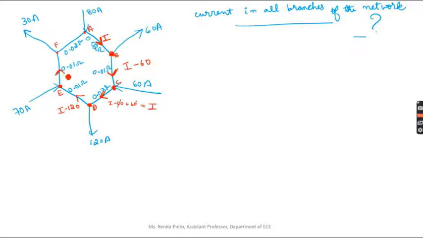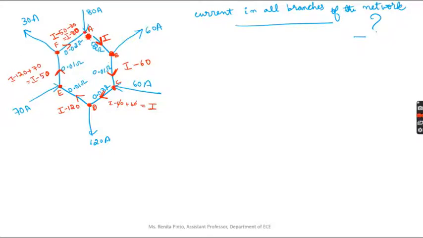That means at this branch it will be I minus 120 plus 70, which will give you I minus 50 amps. Next, at node F, you can see 30 amps is going outside, I minus 50 is going inside. So this branch will be I minus 50 minus 30, which will give you I minus 80 amps.